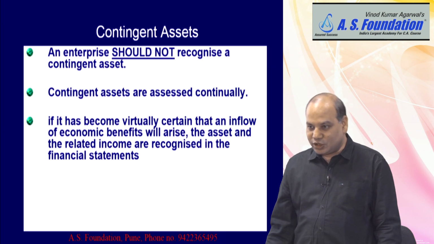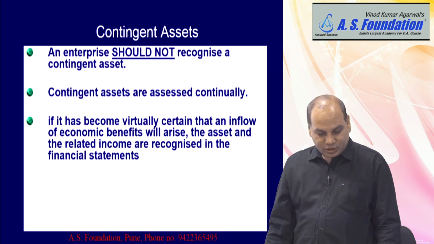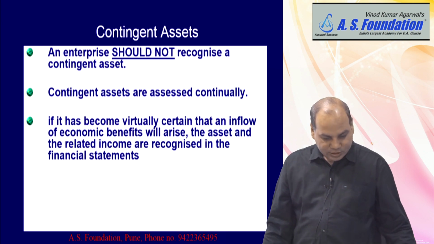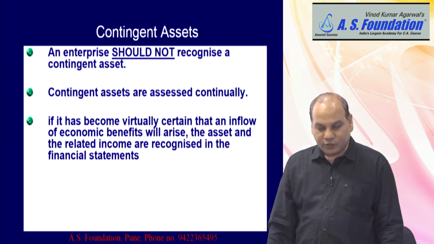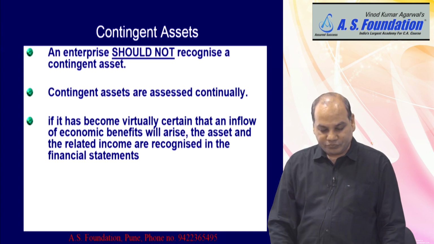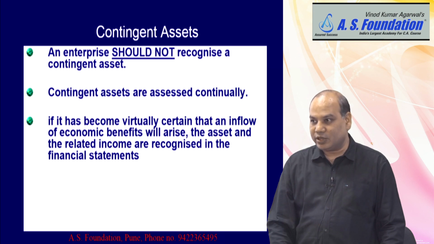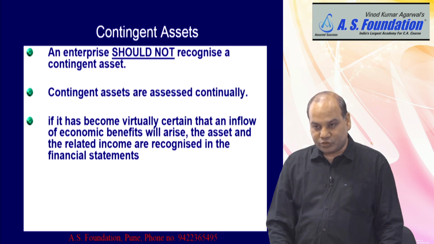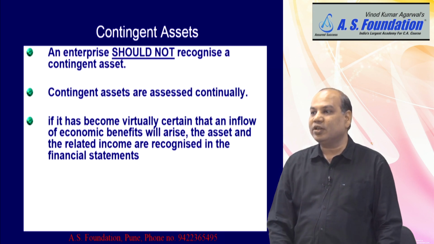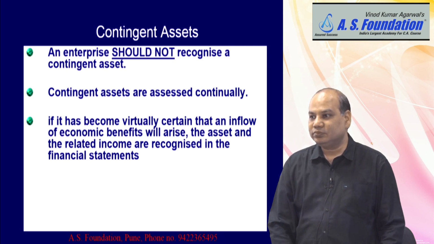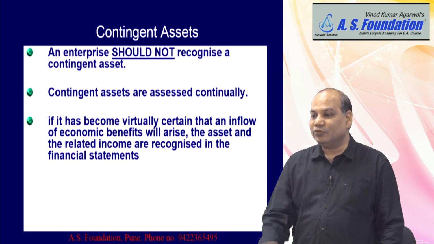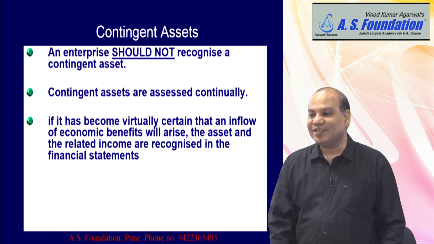So that is called continuous assessment. And if it has become virtually certain that an inflow of economic benefit will arise, the asset and the related income are recognized in the financial statement. So when will contingent asset be recognized in financial statement? Virtually certain. What is virtually certain?